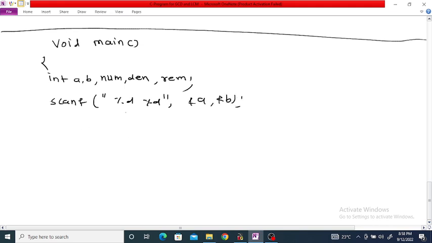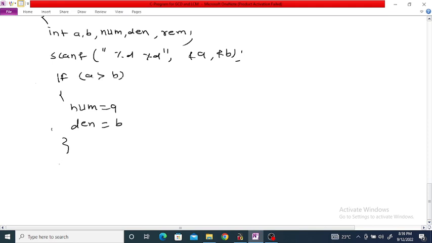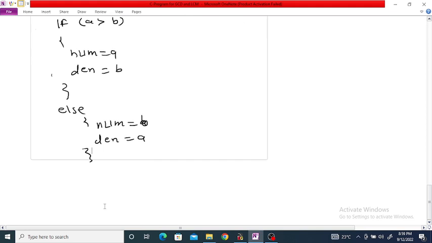Now we exchange: if a is greater than b, then the numerator is equal to a and denominator is equal to b. Else our numerator is equal to b and denominator is equal to a.